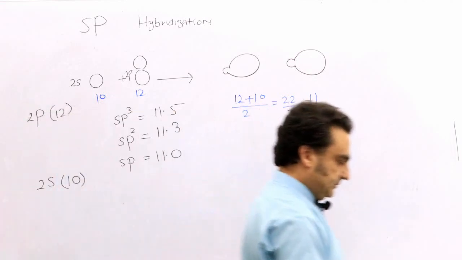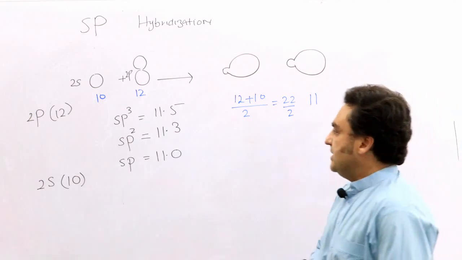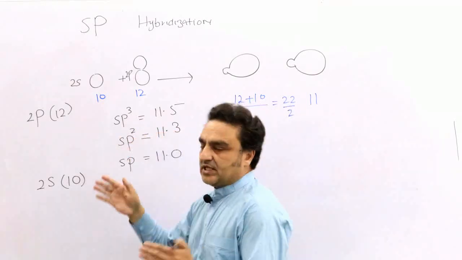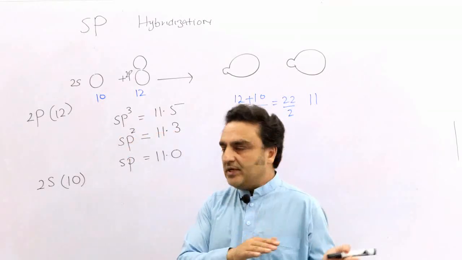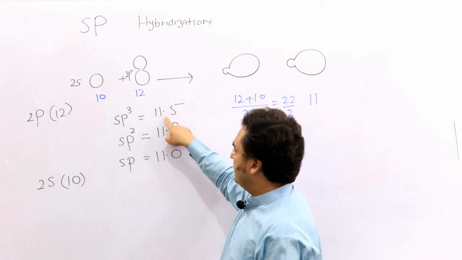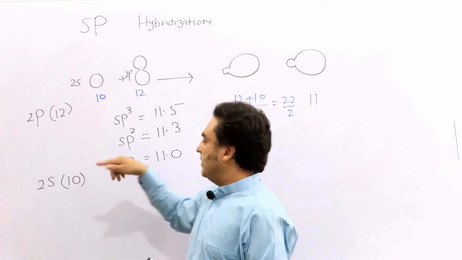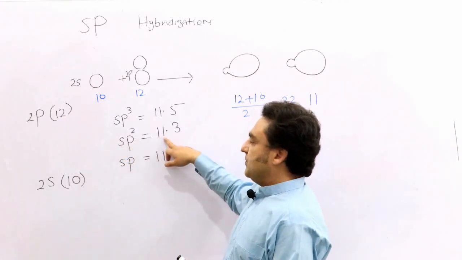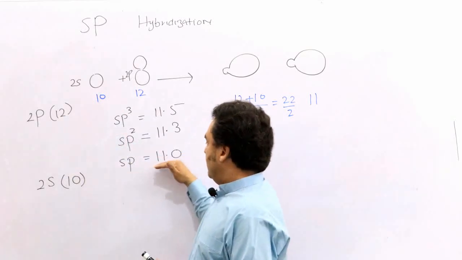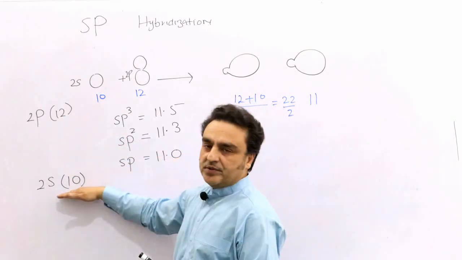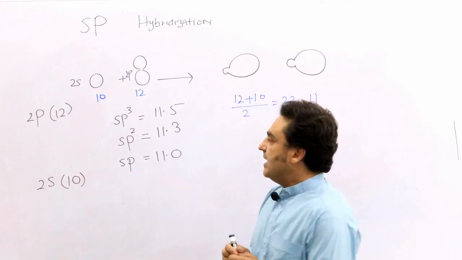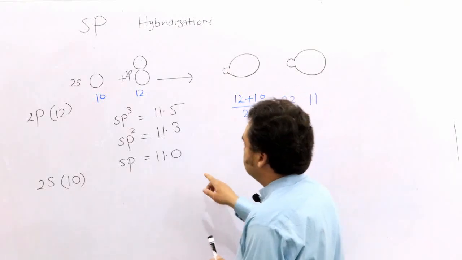The 11.5 sp3 hybridized orbital has 3 p orbitals combined with 1 s, so their average comes out to be 11.5, which is near to 12. Then sp2 has a value of 11.3, again a little bit near to 12, and the sp hybridized orbital has a value of 11.